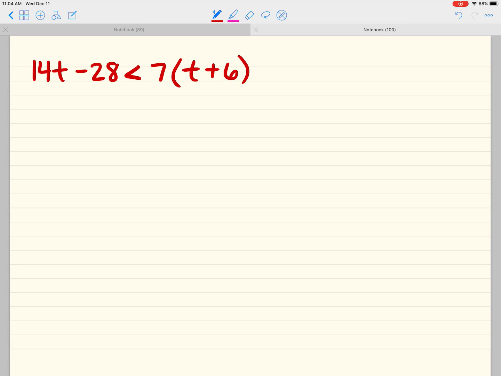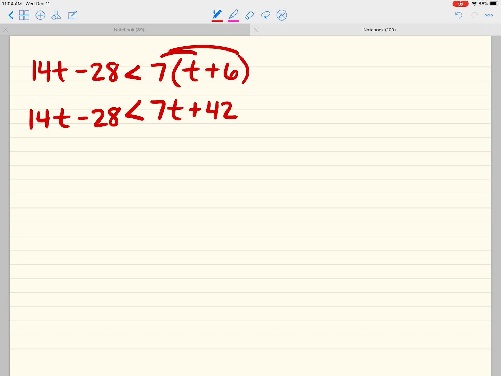Landon, tell me what I would do first here. Good. And tell me what that would give you. 70 and 42. Perfect. Everything else just comes down because you haven't done anything with that yet. Piper, are there any like terms that I can combine on the same side?